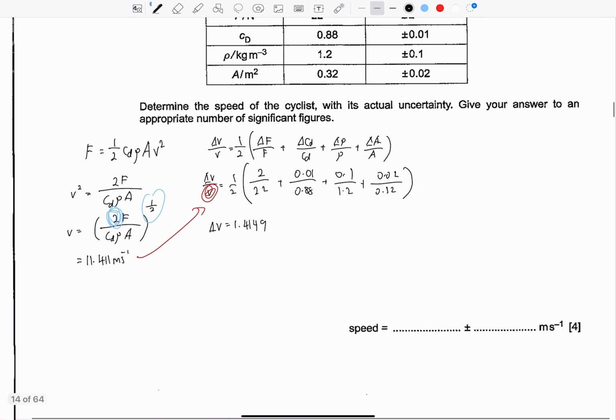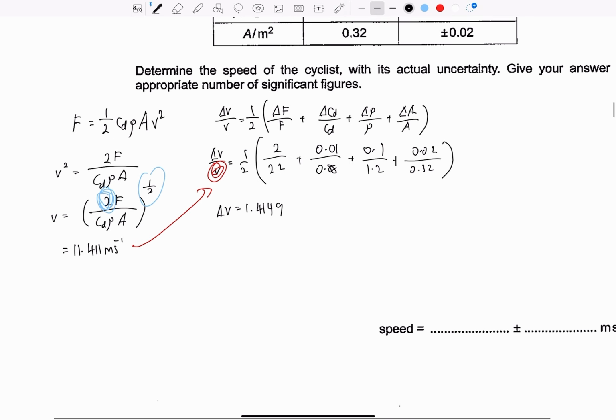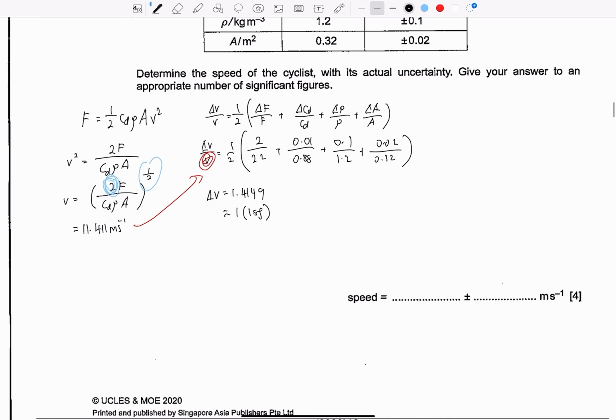The last mark is the answer mark. So how do you answer the last question? Very simple. For uncertainty, you will round it off to 1 SF, which is just 1. So delta V will just be 1. What about the V itself?